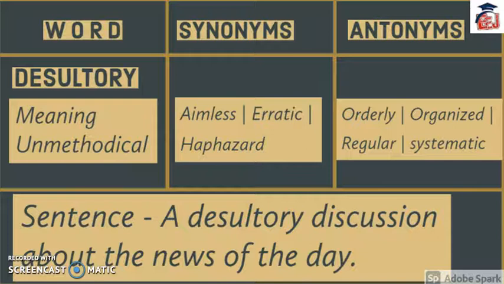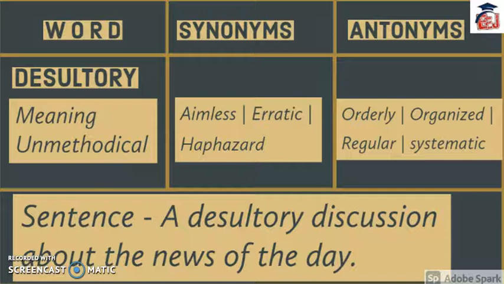Desultory. Desultory means unmethodical, which is not properly planned, which is not properly systematic. So this is the meaning of this word. Now let's move to the synonyms. Aimless, erratic, haphazard. His all the day's work is haphazard. Haphazard means not in a systematic manner. Now let's move to the antonyms.